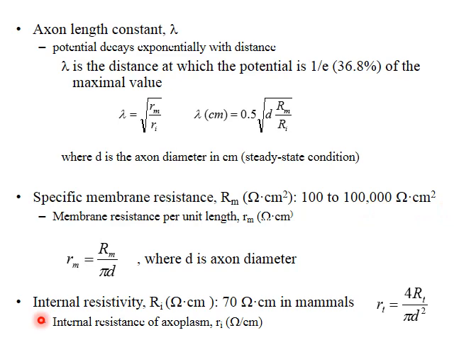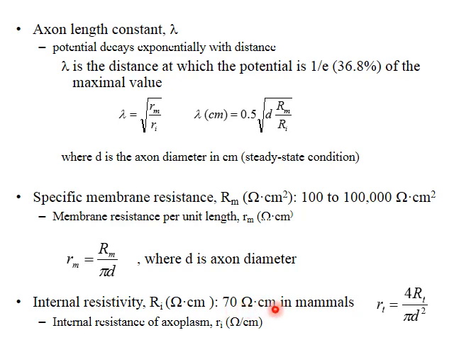The internal resistivity represents the resistance of the cytoplasm, and the specific resistance here is related to the resistance of a segment by this equation, where the resistance of a segment equals 4 times the specific internal resistivity divided by pi times diameter squared. The units of internal resistivity are a little strange. They're ohm centimeters.